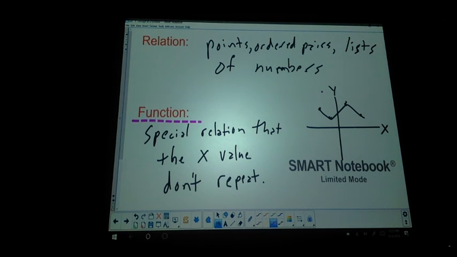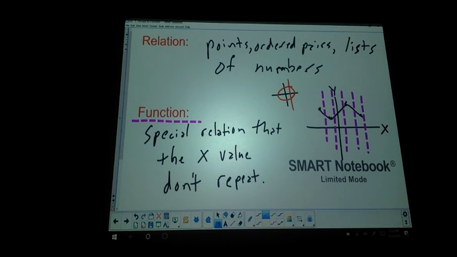And a very simple function test, if you're looking at a graph, is called the vertical line test. If you can draw a vertical line that touches your graph one time and only one time and no more than one time, that means you have a function. If you had something like a circle, if I drew a vertical line through a circle, it can definitely touch it twice. Make sense?